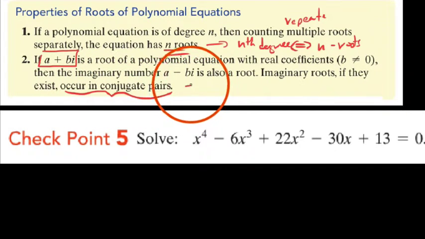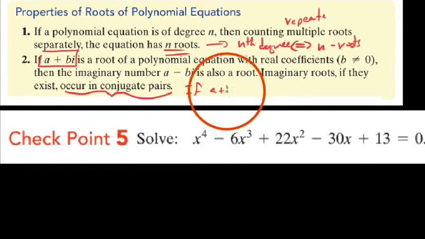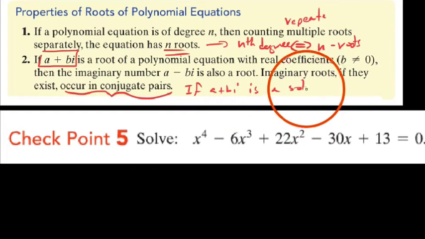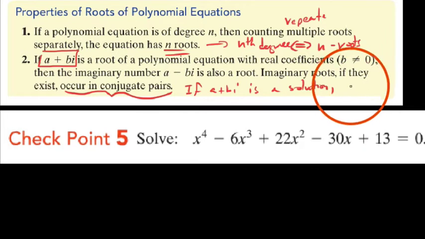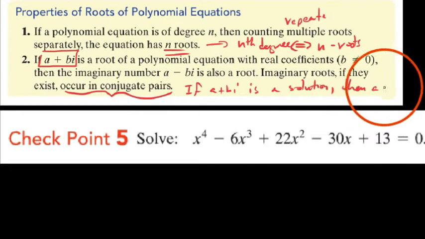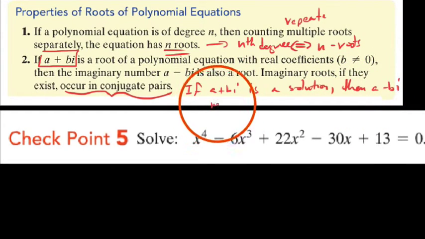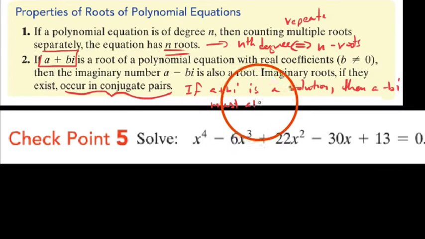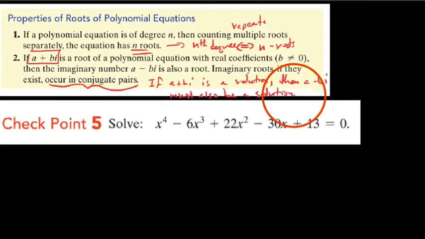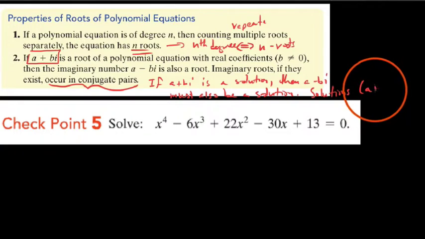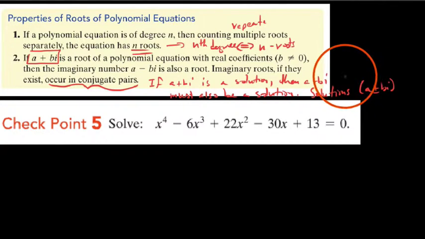So essentially, if a plus bi is a solution, then a minus bi must also be a solution. And that's the important bit of information off of that. I would say that solutions, if they ever exist as imaginaries, have to occur in conjugate pairs.